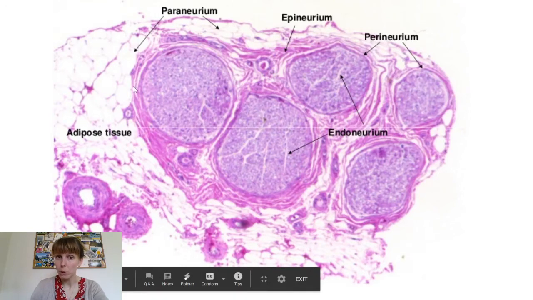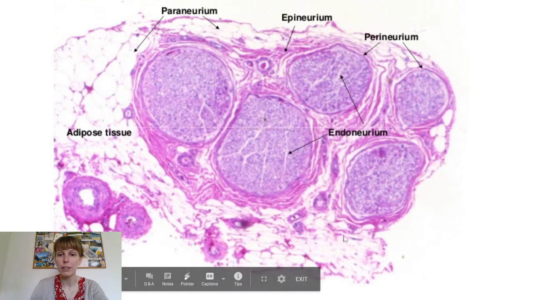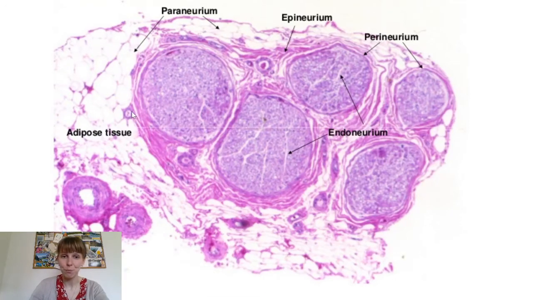So you have a group of bundles of axons, and inside these bundles you have the individual axons that we will take a look at, and between them you have the endoneurium. Then you have these bundles covered in the perineurium, so again connective tissue around, and the whole peripheral nerve is covered in the epineurium, so the outermost layer of connective tissue.